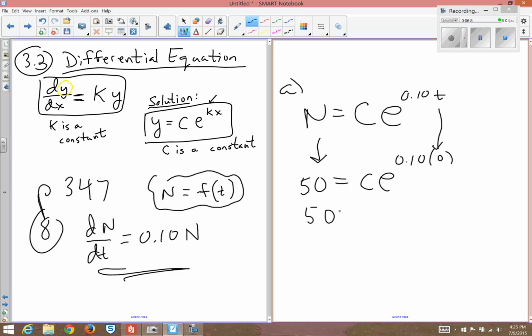From this we get 50 equals c times e to the 0, because 0.10 times 0 is 0. Any number raised to the 0 power is 1. So we determine this 50 equals c. C times 1 is c. So all we do is take this 50 and put it in that spot.